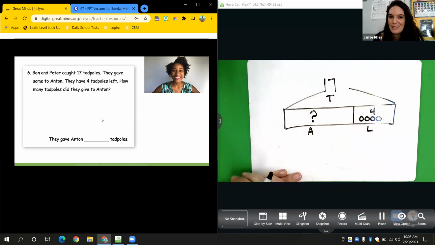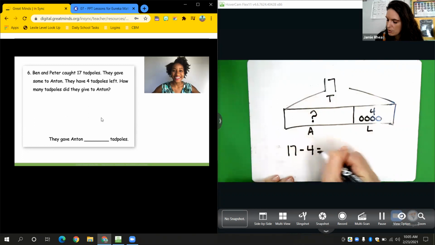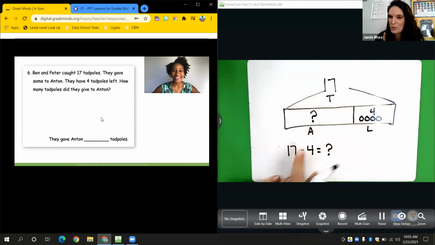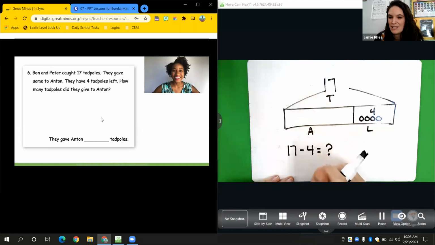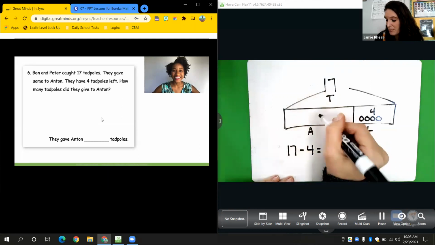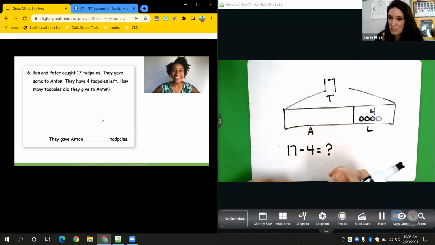How many tadpoles did they give to Anton? So we can do that by saying 17 minus 4 equals something. Okay, remember, in a subtraction problem, our total comes first. The biggest number comes first. So let's think about that. We could count back from 17 to get our mystery number, or we could count on from 4 up to 17 to get our mystery number.